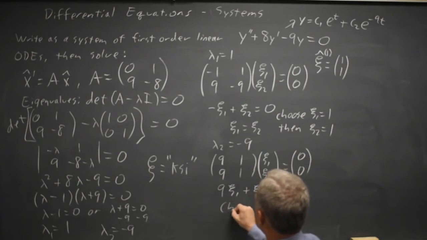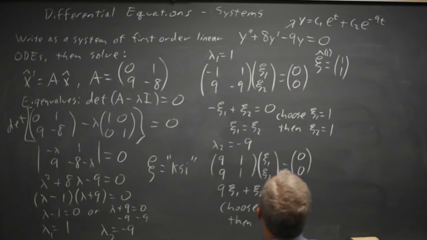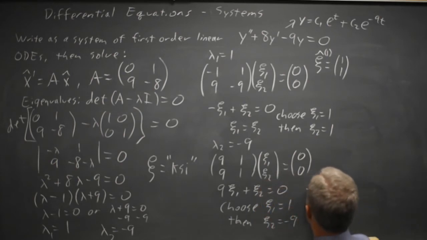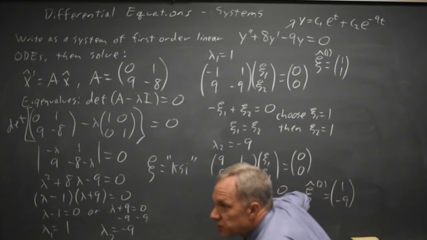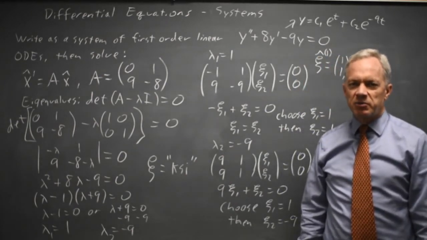If I choose xi1 equals 1, then I have 9 plus xi2 equals 0. So xi2 equals negative 9. And my second eigenvector is 1, negative 9.